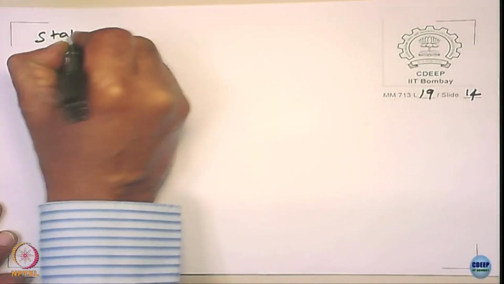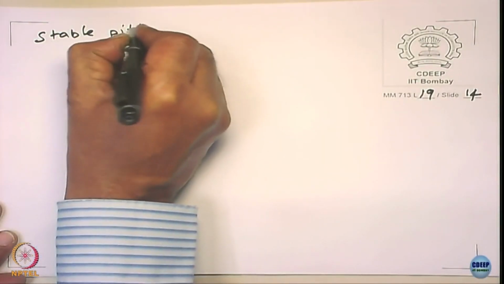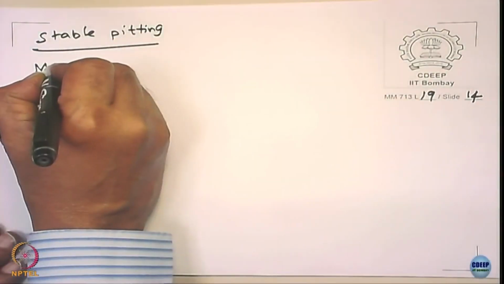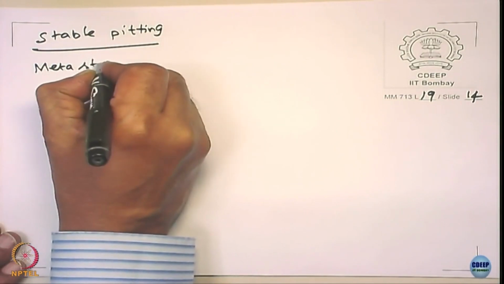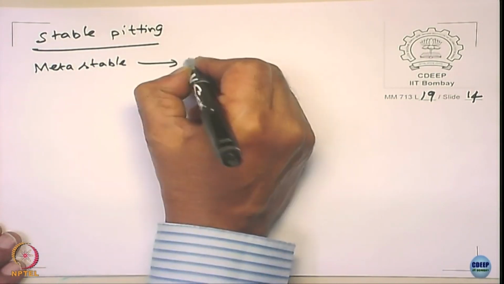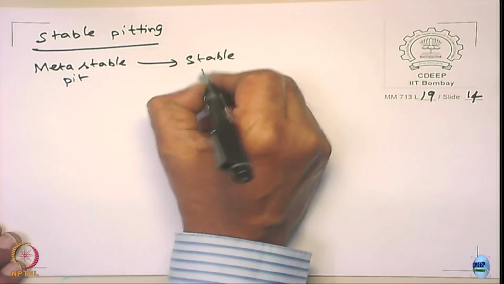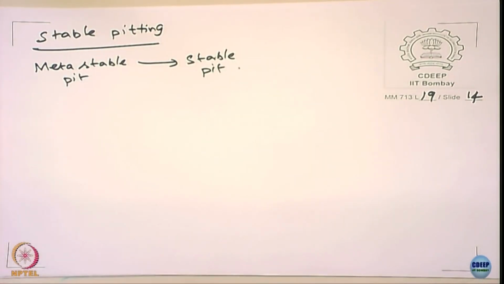So now the pit becomes stable. What makes a transition from a metastable to a stable pit? Here there is a lot of similarity between crevice corrosion and pitting corrosion.